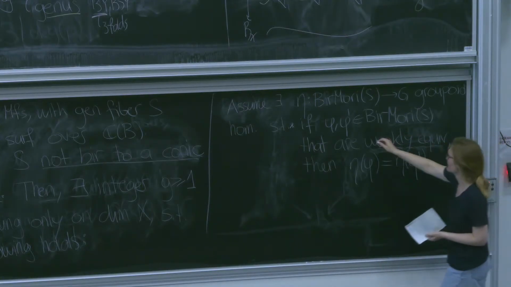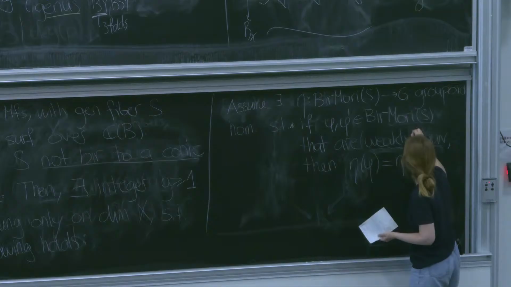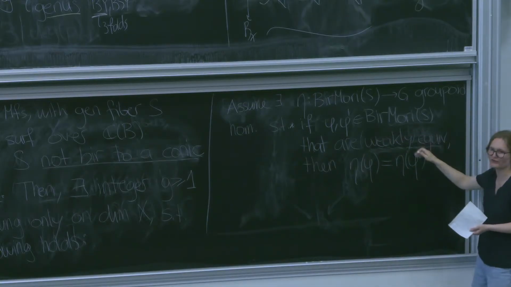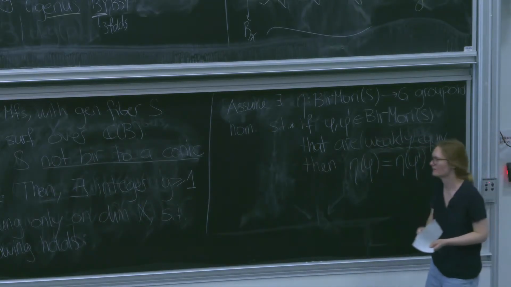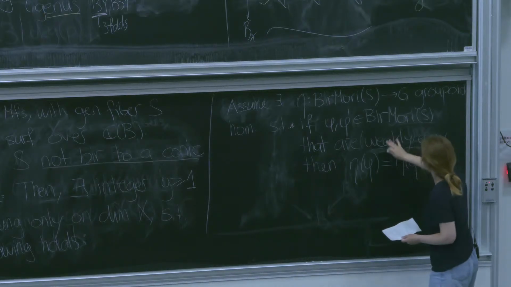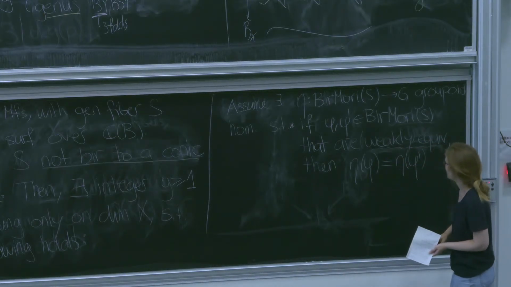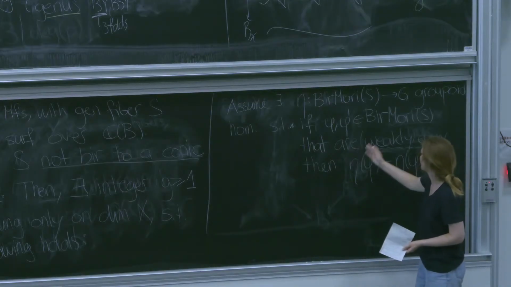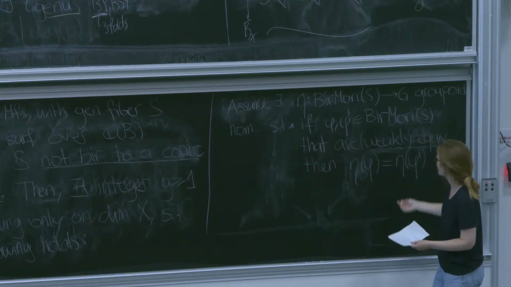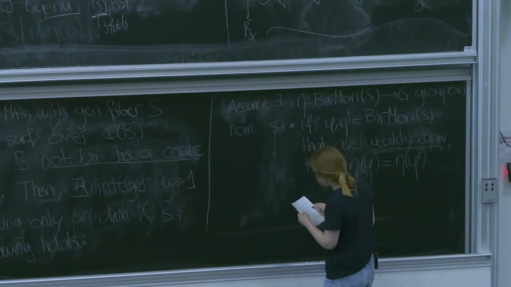So for the purpose now, let's just forget about the weak equivalence, just the equivalence that I gave you last time. I don't want to be more technical. So we just want that if they are equivalent, they have the same image under this groupoid homomorphism.